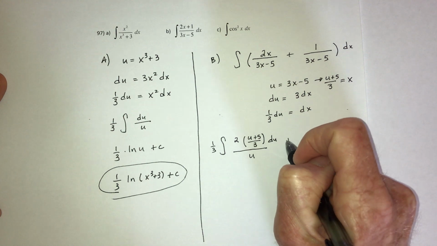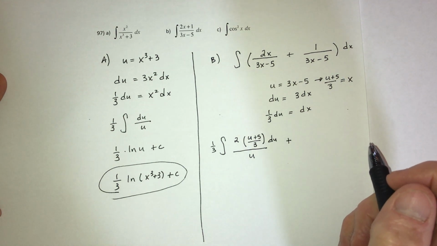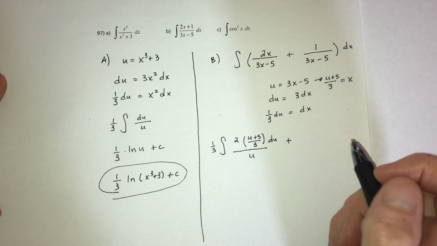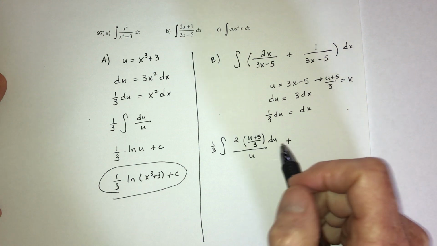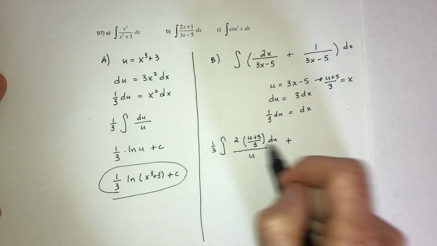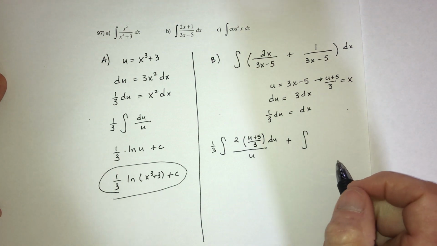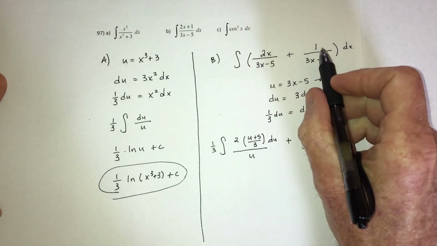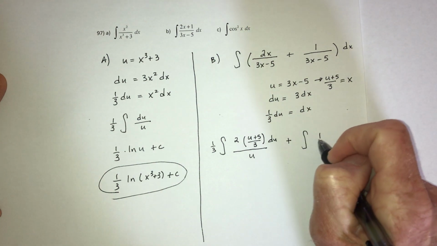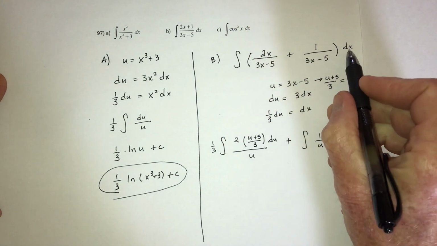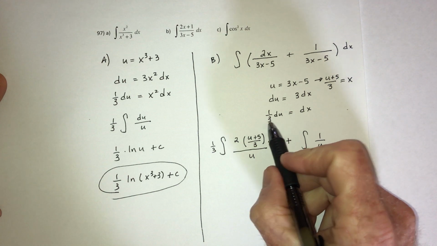All right, then on to the second one. Now this one is going to have different constants than this one, so I'm going to write this one as its own separate integral. So this is going to be 1 over u, and then the dx gets replaced with 1/3 du.